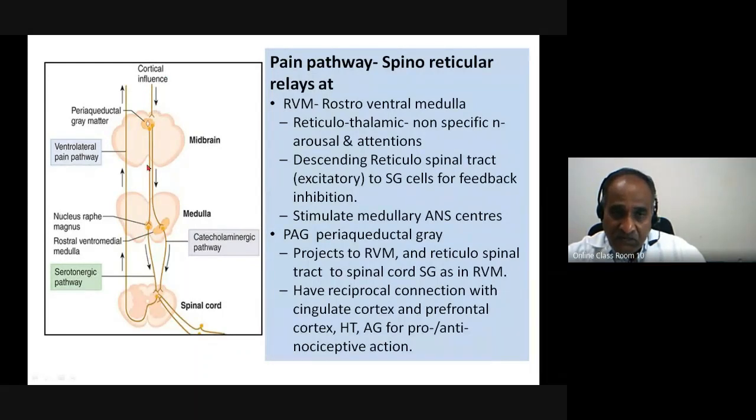In addition, they will send descending inputs which will excite the substantia gelatinosa cells to inhibit the transmission further. That is about the spinoreticular relay.